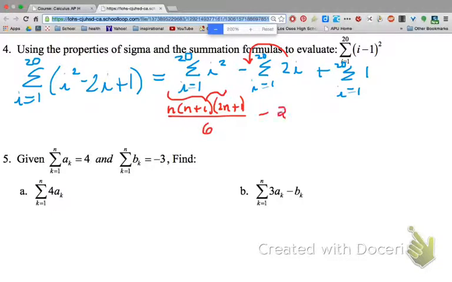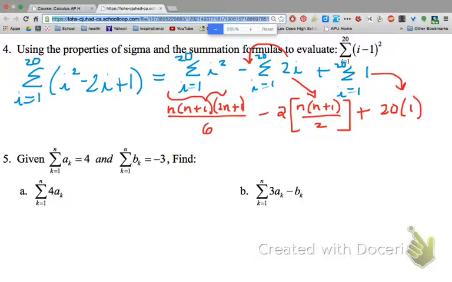And then the formula for I is n times n plus 1 all over 2. And the formula for the constant, so that's this piece, is just n times the constant. And so now going back, I have to figure out what's n.